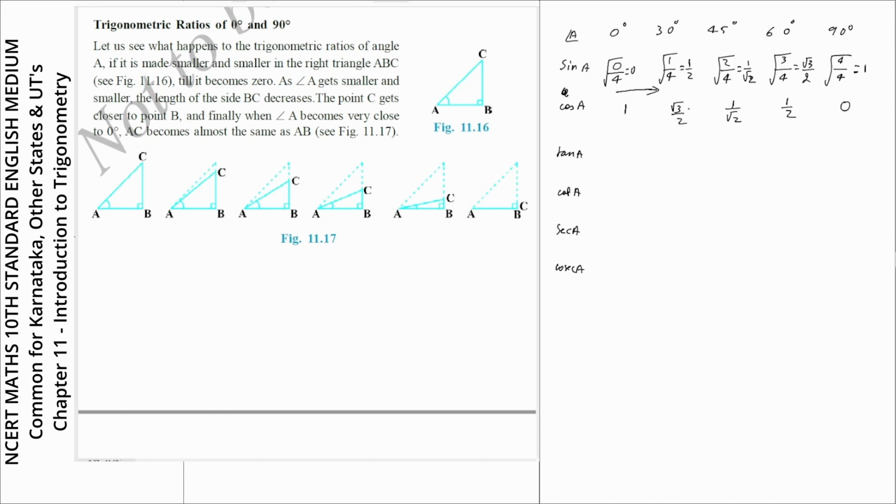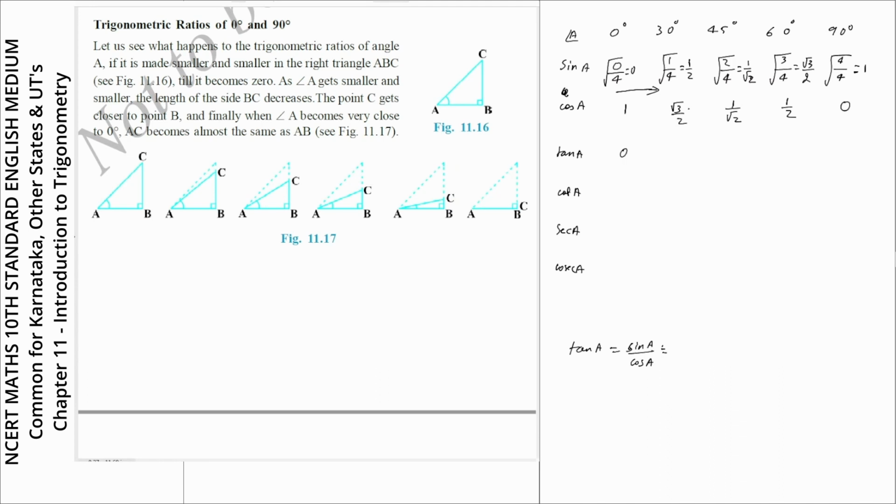Now what is tan? So tan A is nothing but sin A by cos A, right? So now just divide sin A by cos A, you will get the value of tan A. So sin of 0 is 0, cos of 0 is 1, so 0 by 1 I will get as 0 only.